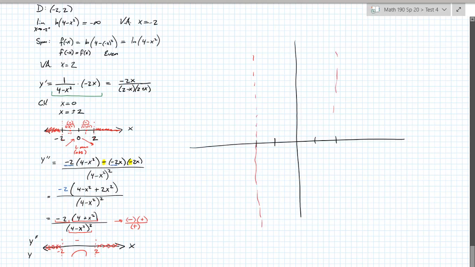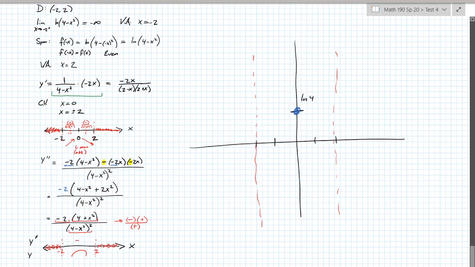When x is 2, we have a vertical asymptote. We have a maximum when x is 0. When x is 0, the y value will be the ln of 4 minus 0 squared, or the ln of 4. ln of 4 is, I don't know, a positive number. There's our maximum.